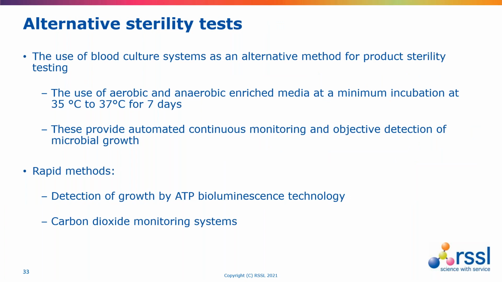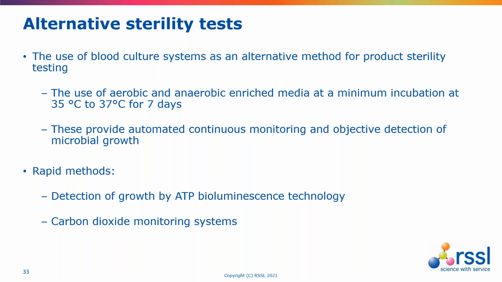Alternative sterility tests are suitable for some types of ATMP cell-based products, such as blood culture systems, and these provide automated and continuous monitoring with the objective to detect microbial growth.